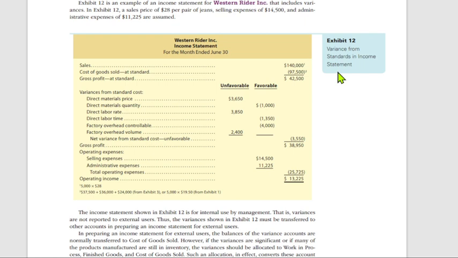Okay, let's take a look at the income statement prepared by Western Rider, kasi ginagamit ito kapag magre-report ka sa top management. So meron tayong sales dyan. The cost of goods sold is at standard. The gross profit is at standard. So pine-prepare natin yung concept for variances from standard. So ina-itemize natin yung unfavorable at favorable to reflect yung net variance at yung gross profit natin dito.